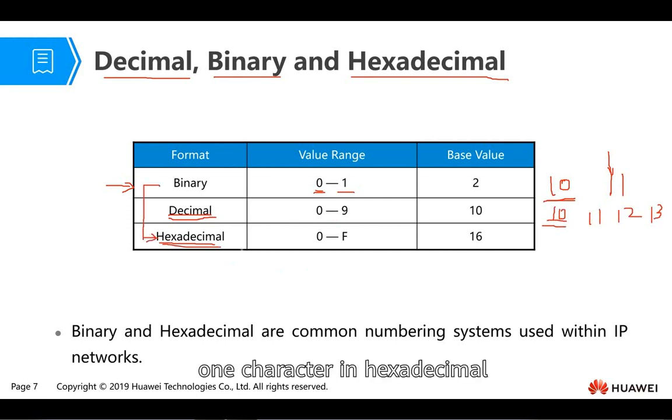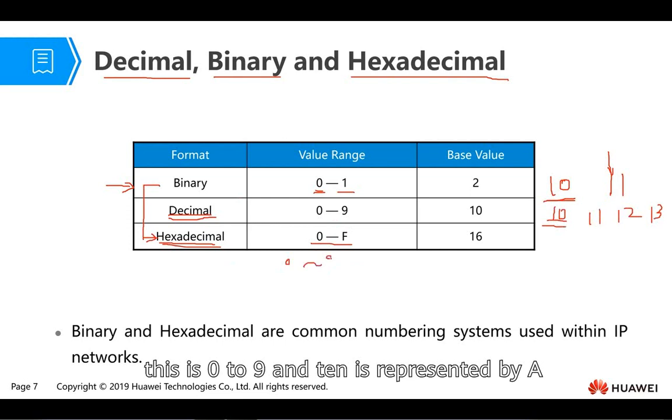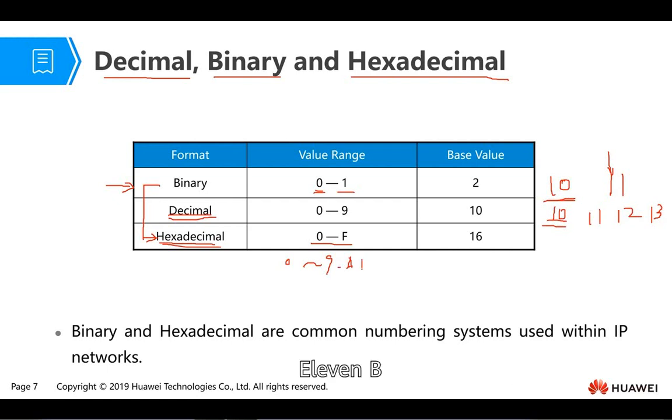One character in hexadecimal represents 4 characters in binary. For example, 0 to 9, and then 10 is represented by A, 11 by B, C, D, E, F. F means 15.